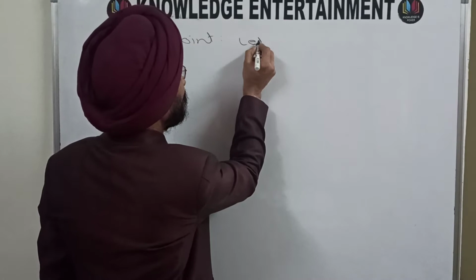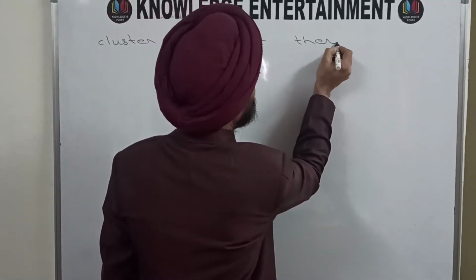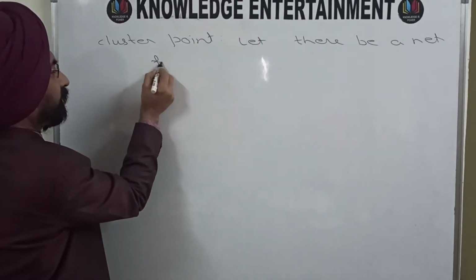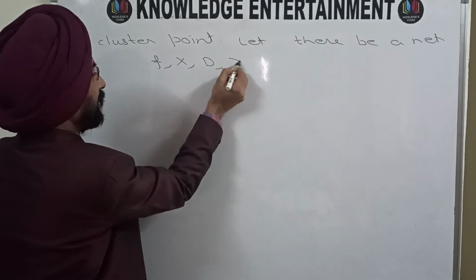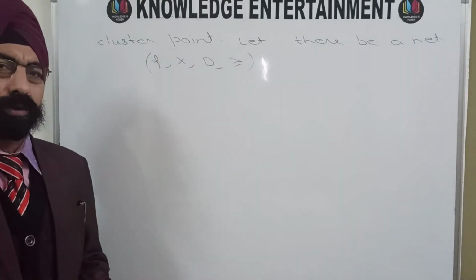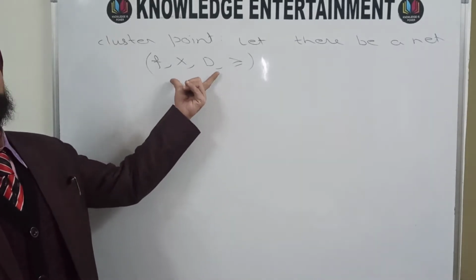Let there be a net (f_n), n greater than or equal to 1, as you know the basic notation for a net.